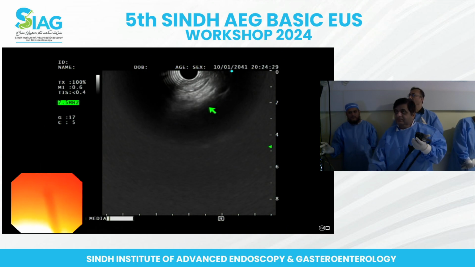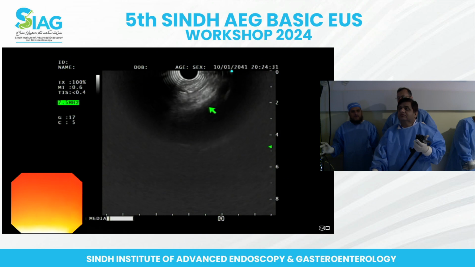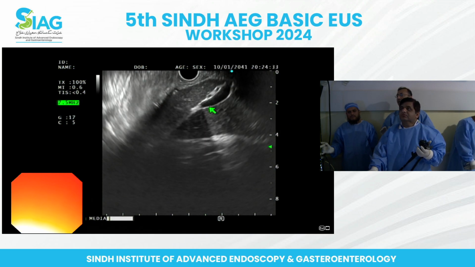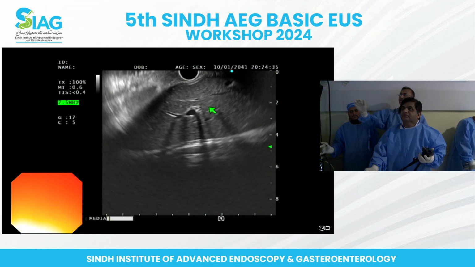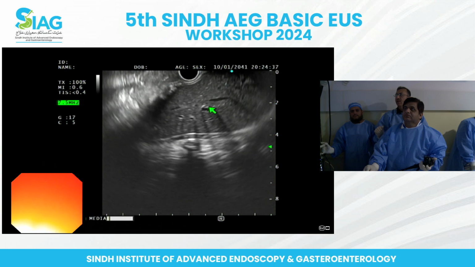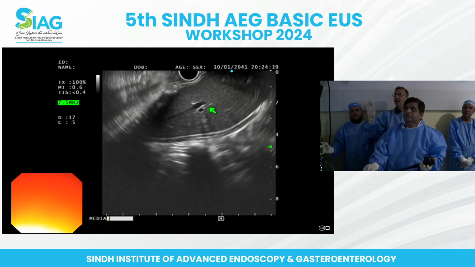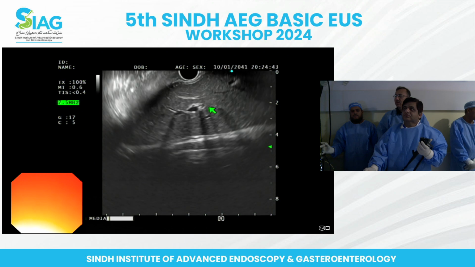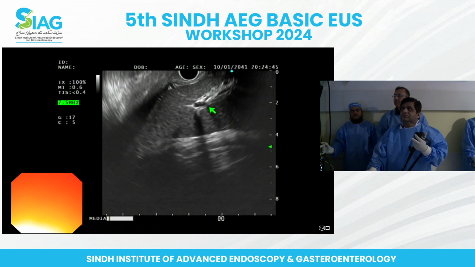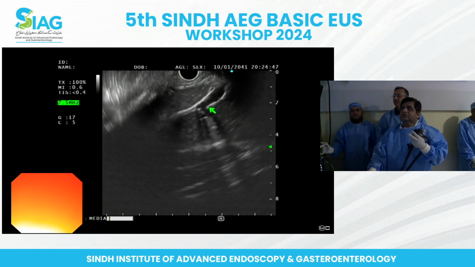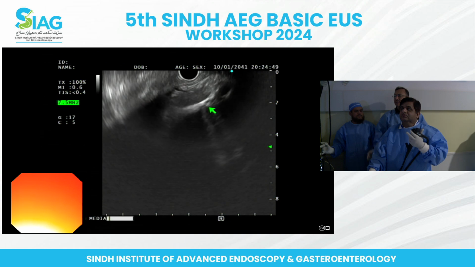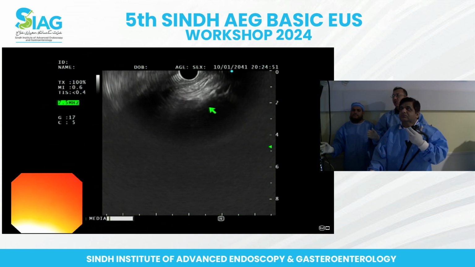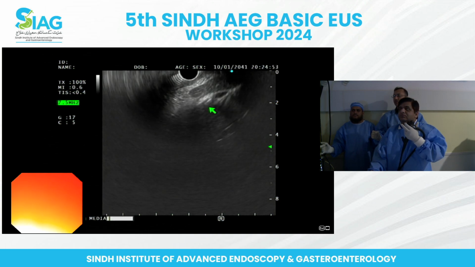Okay. So the point that I was emphasizing is that as a beginner, he needs to forget about the structures that he's seeing in the liver. So it's a liver, fine. Our target is to evaluate the pancreas. So without going into details of the ducts and the vessels that we see in the liver, he needs to identify something big like the liver, and turn clockwise, because he needs to learn the maneuver.